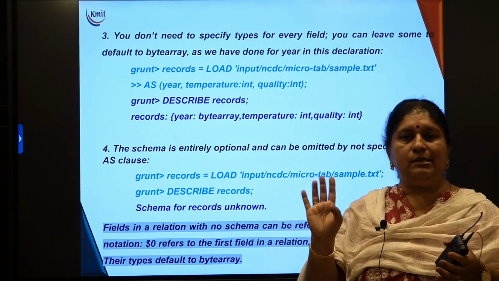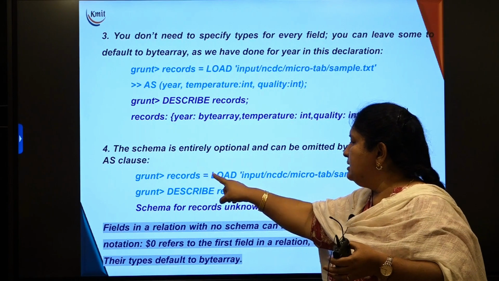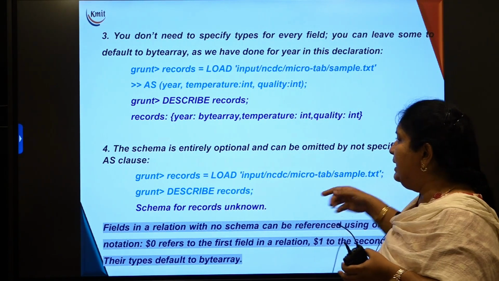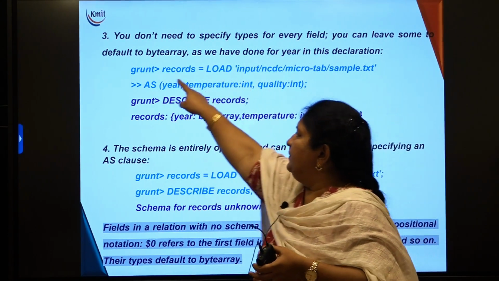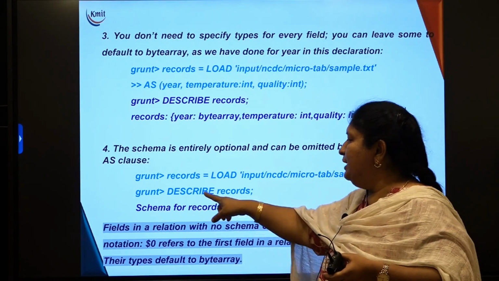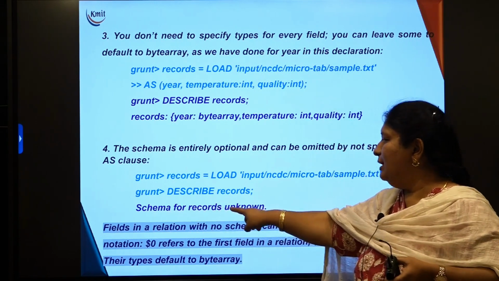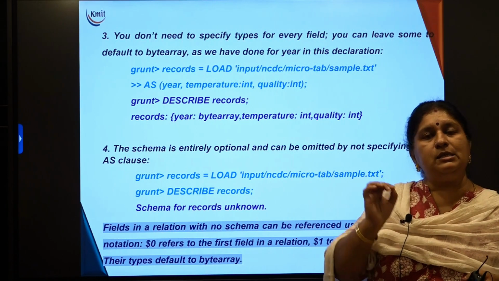Don't specify the schema at all. So if you see this one, records is equal to load the data set. Here itself I put the semicolon. What did I omit? I omitted the AS clause. So I am not specifying the schema at all. And if you try to describe the relation, what will it tell? Schema for records is unknown. You will get the message, schema is unknown.